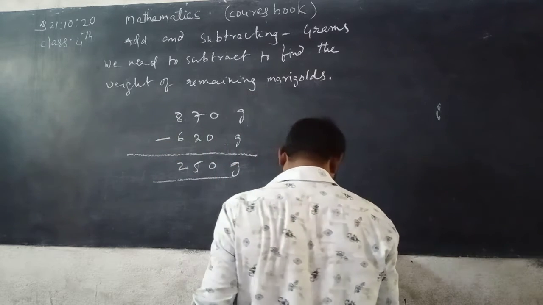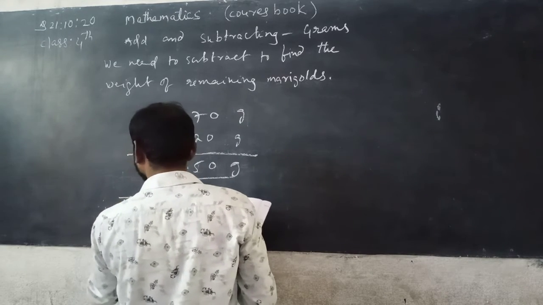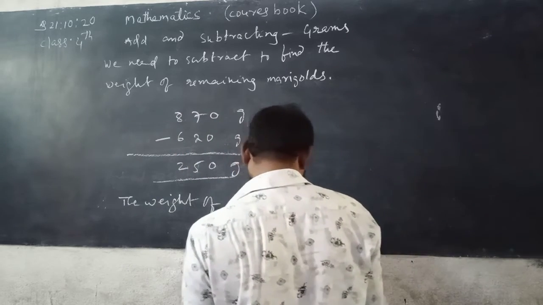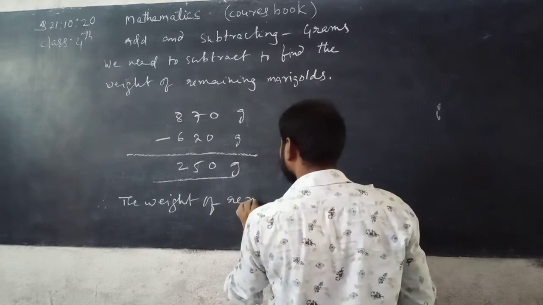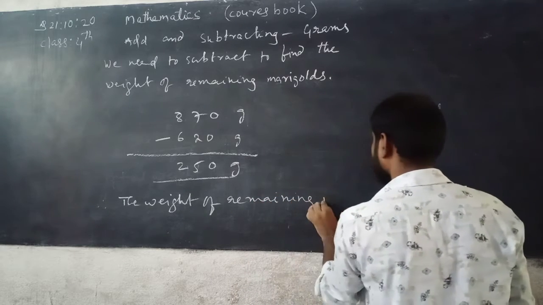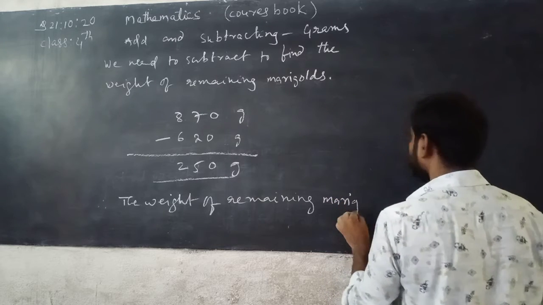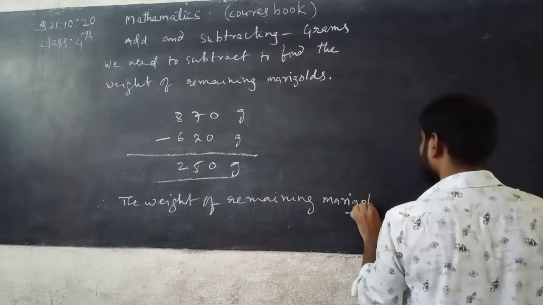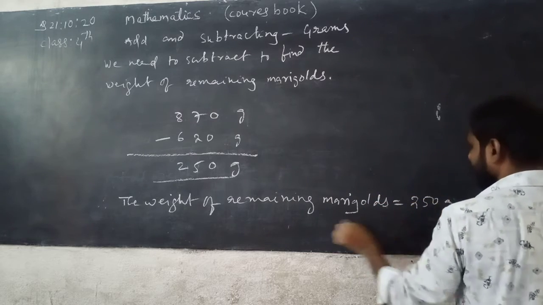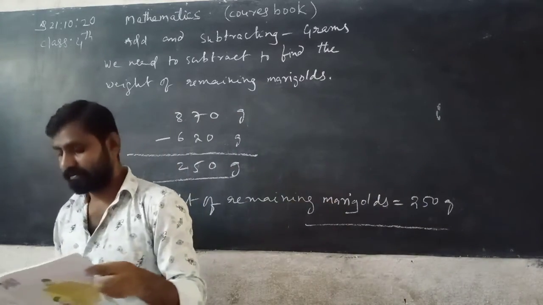Therefore, the weight of remaining marigolds is equal to 250 grams.